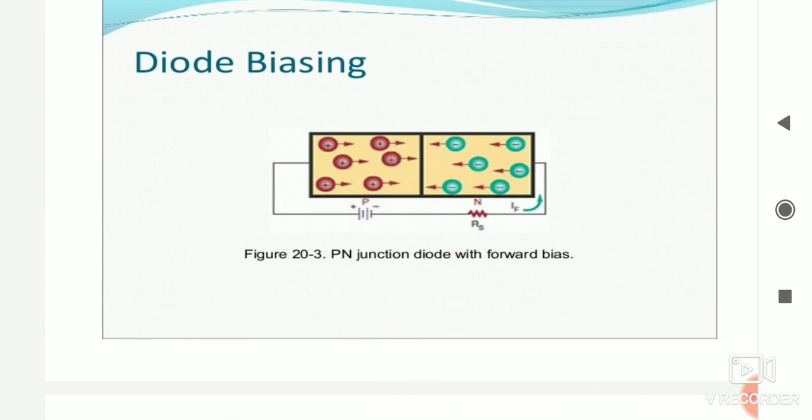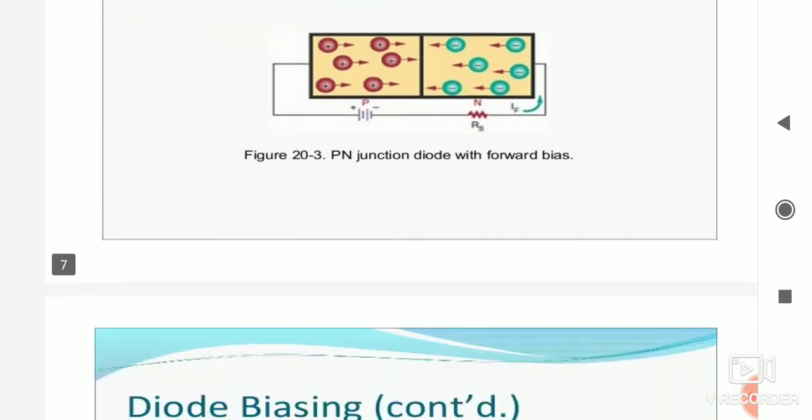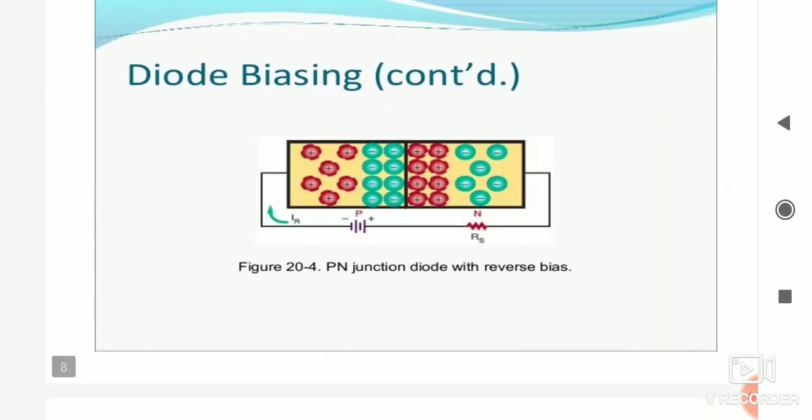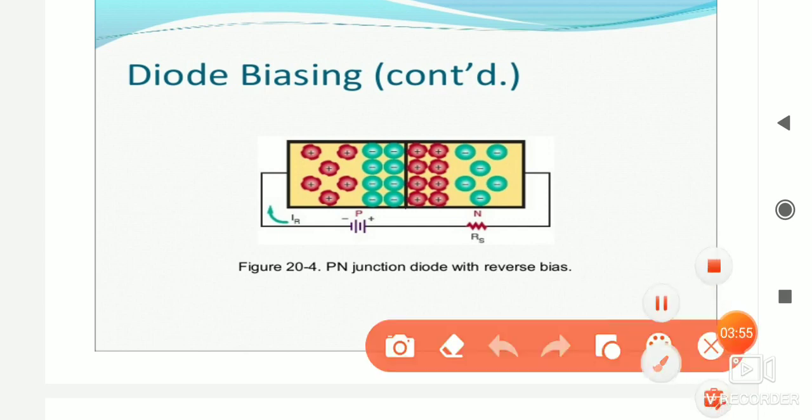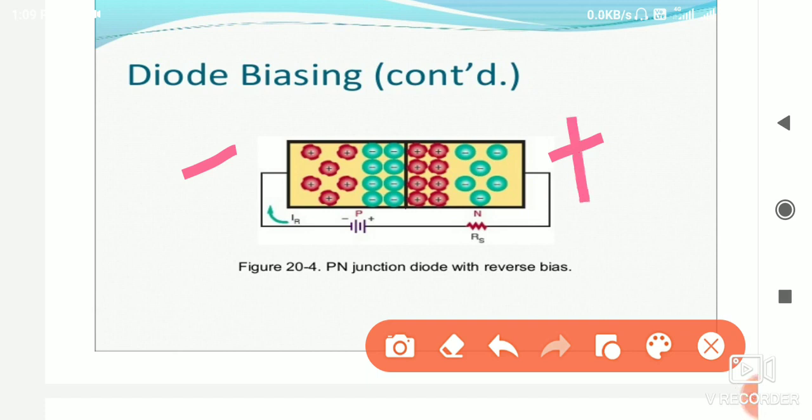in the case of forward biasing. In the case of reverse biasing, what will happen? In reverse biasing the negative voltage is on the p side and the positive is on the n side. Due to the negative, all holes will be accumulated at the p terminal, and all electrons will be attracted and accumulated at the n terminal.